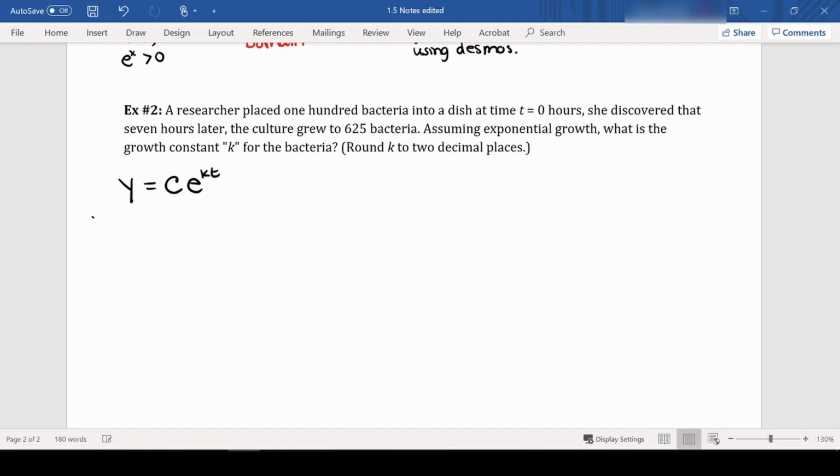Okay. C is your initial value. T is your unit of time. K is your growth constant.